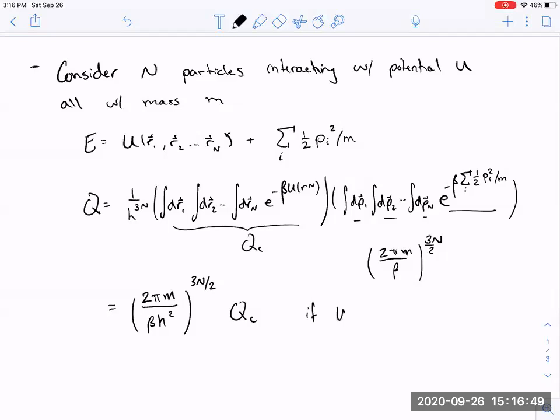If the potential is 0, what does that integral end up looking like? If the potential is 0, I'm just integrating 1 over the domains of all of those integrals. One factor, say of R1, will give me all the places I can put particle 1, in some volume, which is then just V. And I have n factors, so I would have V to the n.